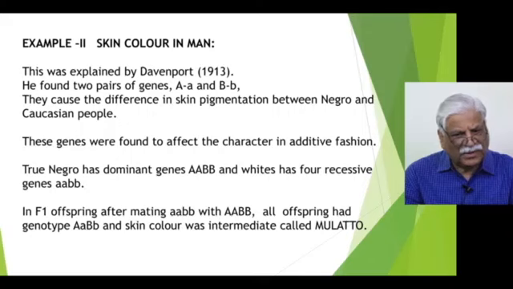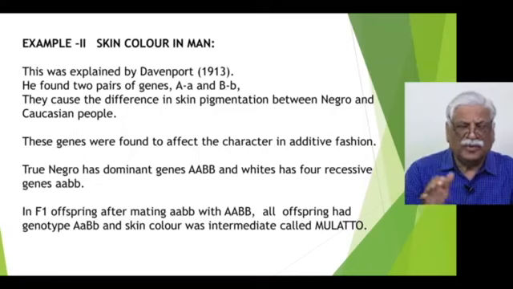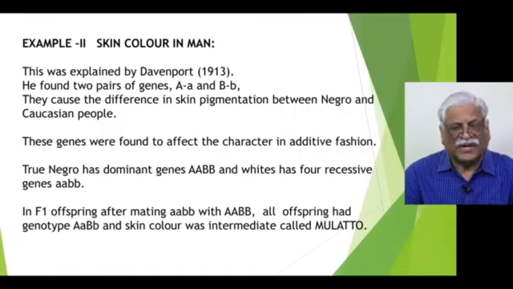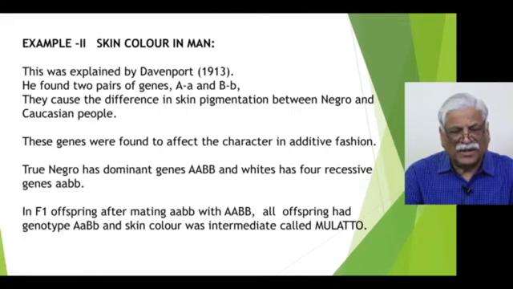In another case where the skin color is light or Caucasian, the gene combination will be small a, small b. This will be a recessive character. Why do we call it recessive? Because when there is a dominant character, it will always subside below the dominant character. In F1 offspring, after mating, AABB and aabb, all offspring will have an intermediate character.